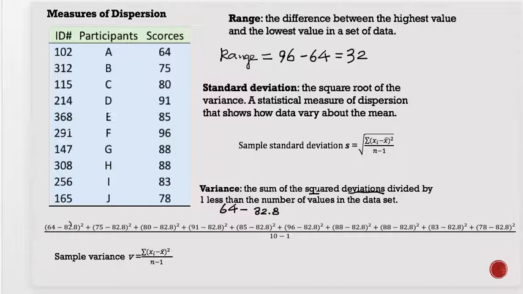Why minus 1? Why not just divide by 10, the size of the data set? Actually, this minus 1 issue bothers lots of students because it is counterintuitive and very hard to explain.